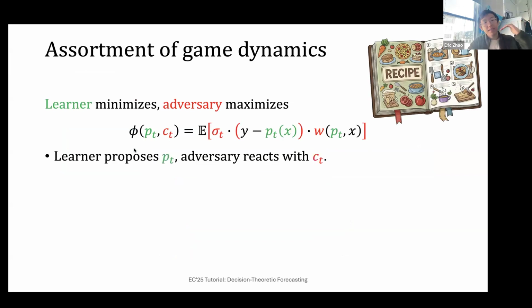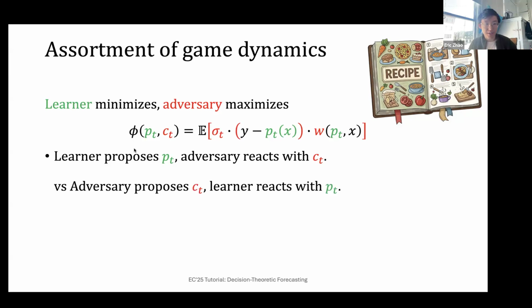I can have my learner propose new predictors, and then my adversary will react to the predictor by saying, okay, this is where you're doing badly. And then my learner will propose a new one. So this is one option for a game dynamic, where my learner has to move first. I can also do the opposite, which is I have my adversary propose, okay, historically you've been under or overestimating in this region.